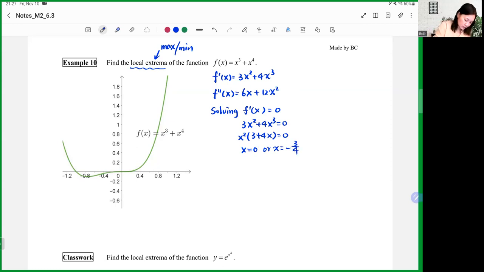Okay. So for the stationary point, x equals 0, y equals 0. When x equals negative 3 over 4, I actually need to calculate y: 27 over 64 plus 81 over 256.